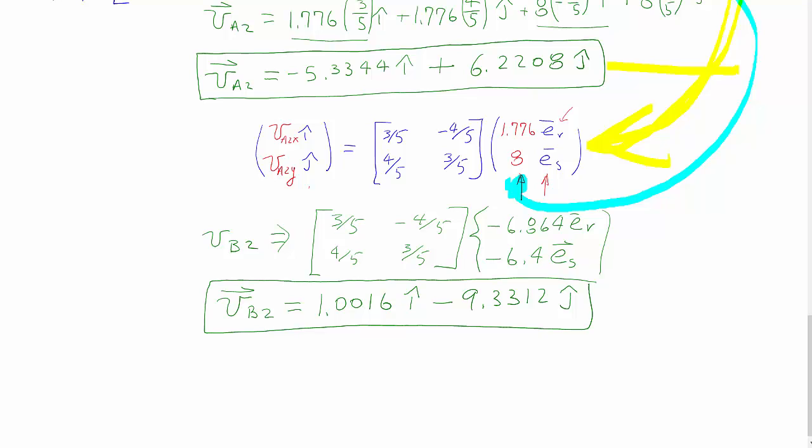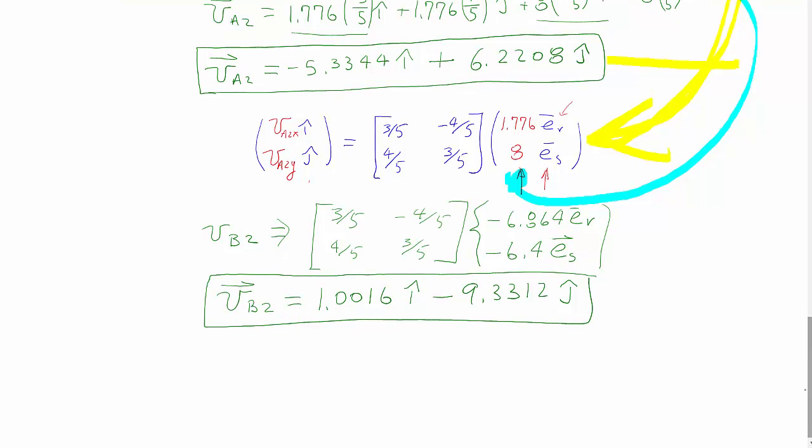Alright, so I think we could claim that this problem is finished. We could look at a vector diagram of what this looks like after the impact, if we wanted to. We knew they came in like this and like that.